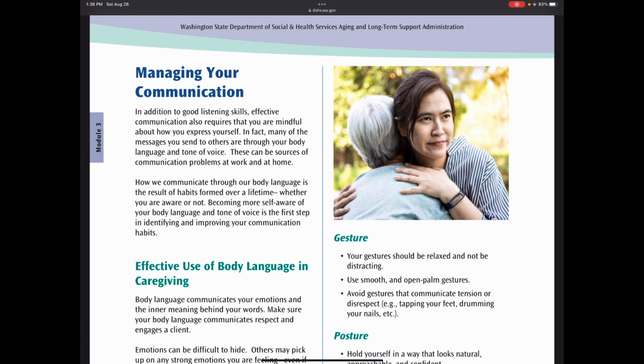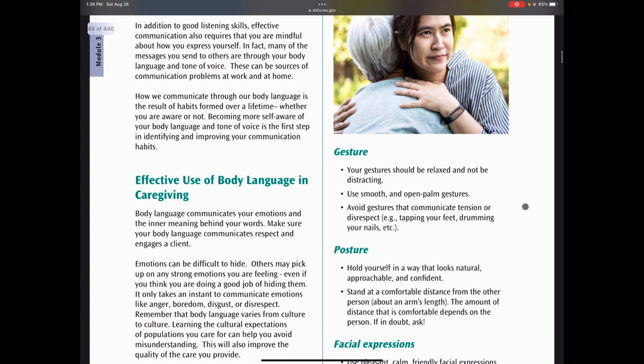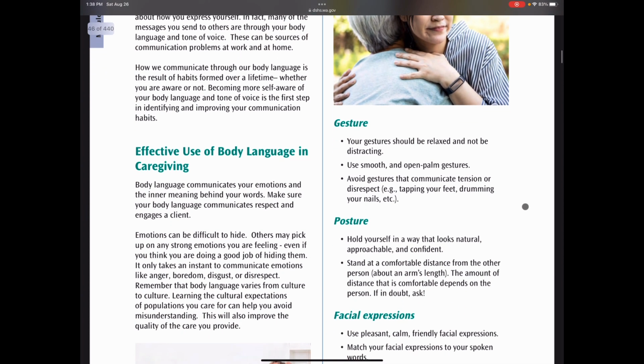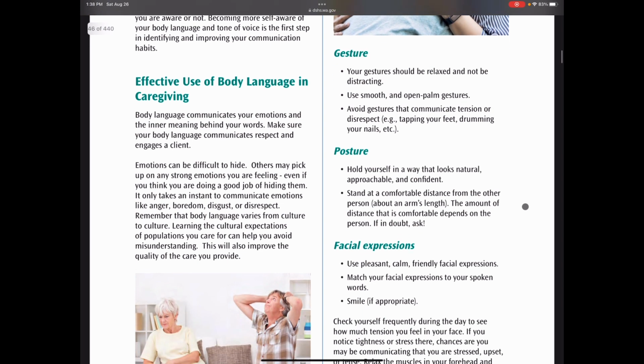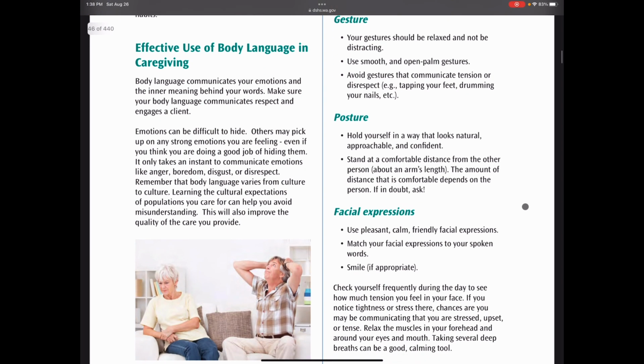This can be the source of communication problems at work or at home. So we need to use body language effectively while we are caregiving. Body language communicates your emotion and the inner meaning behind your words. So make sure your body language communicates respect and engages the client.